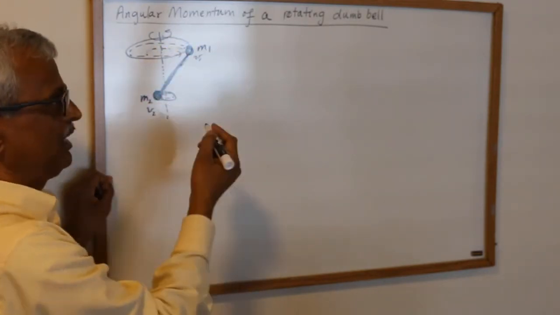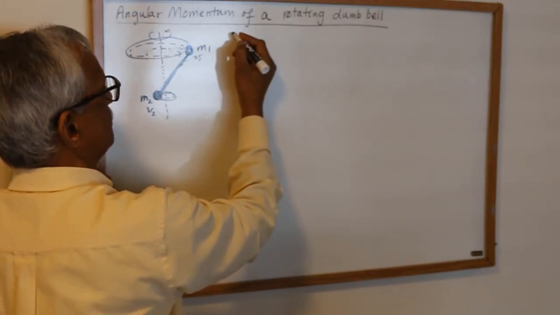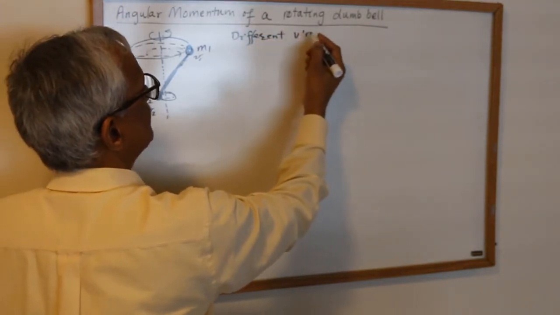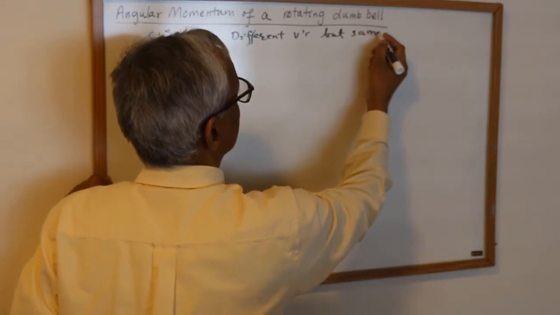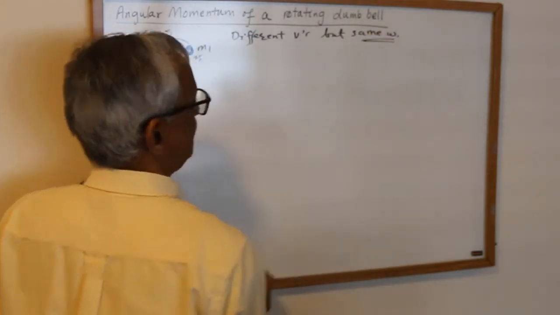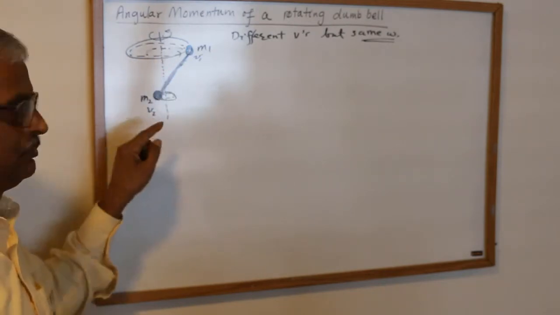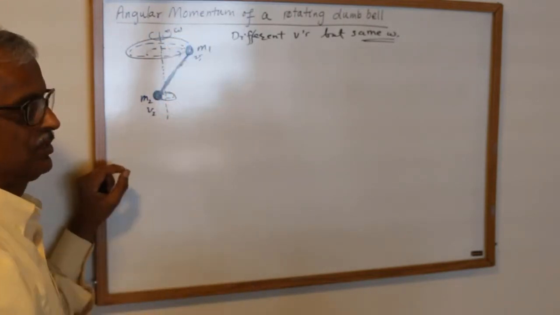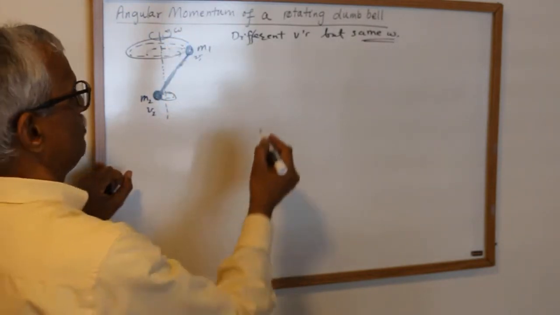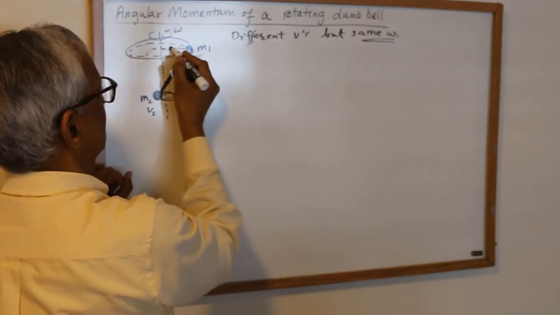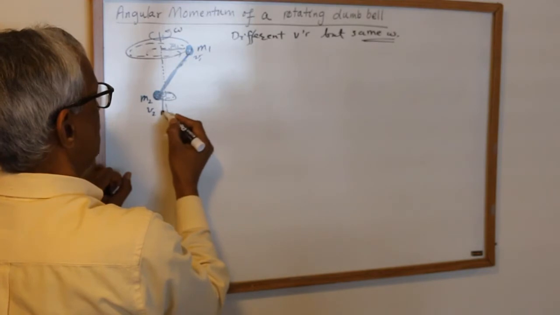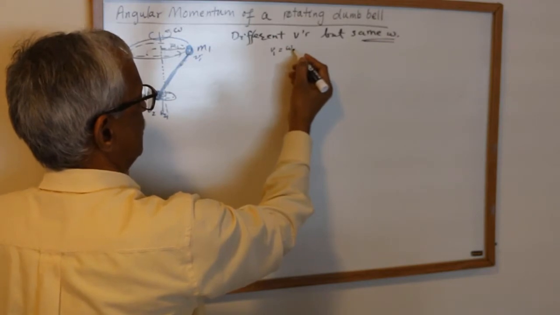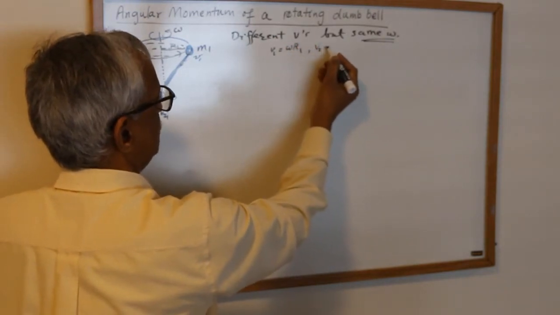That will give me the same omega. Different V's, but same omega. That's a very important thing to notice. As one body, they are rotating, and so I can label both of them with one symbol, omega. So if this is R1 and this is R2, then V1 is omega R1 and V2 is omega R2.